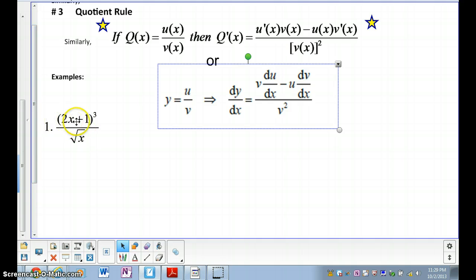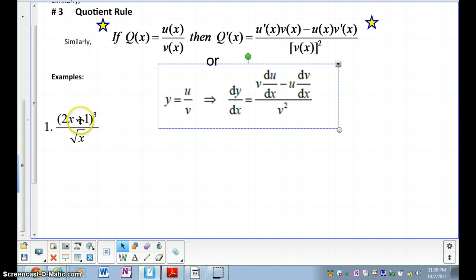So here we have (2x plus 1) cubed divided by the square root of x. So very similar to the product rule, we're going to first define our u and v and then take the derivative of our u and v. So notice how our u is in the numerator and our v is in the denominator.